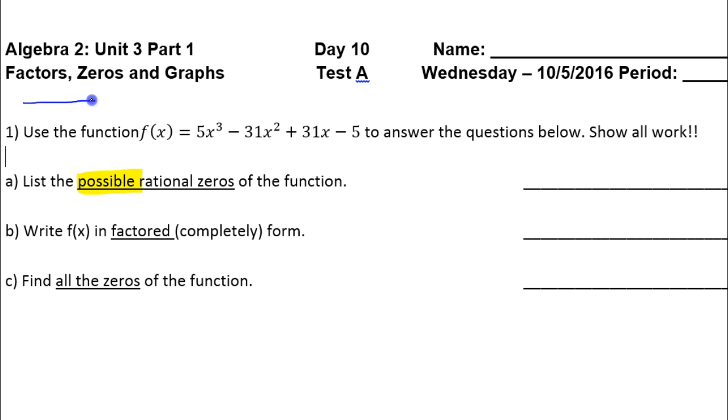The possible numerators always come from the constant term on the end, and when I say come from, I mean factors of. So the factors of 5 are 1 and 5. Those are the possible numerators. The possible denominators come from the leading coefficient, factors of 5.